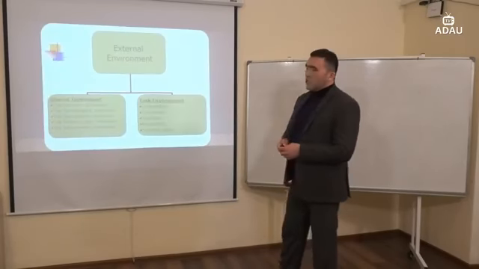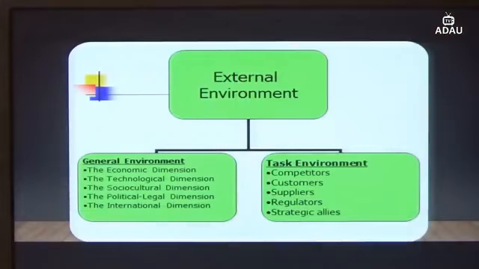These external elements, as I said, can influence our organization positively and negatively, and depending on the character of the influence, we can divide the external environment into two main groups: general environment and task environment.